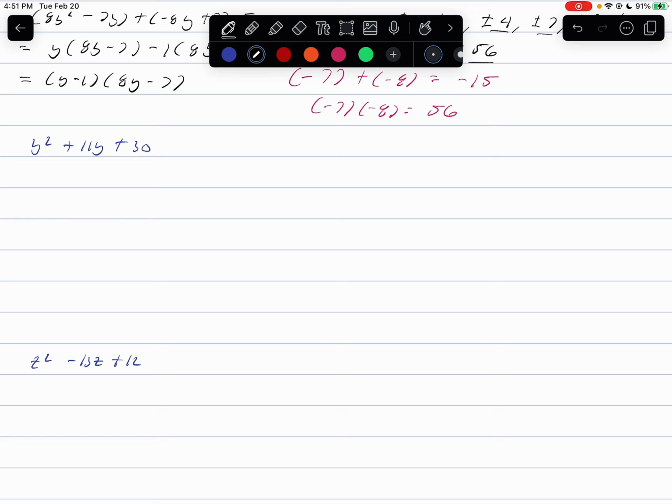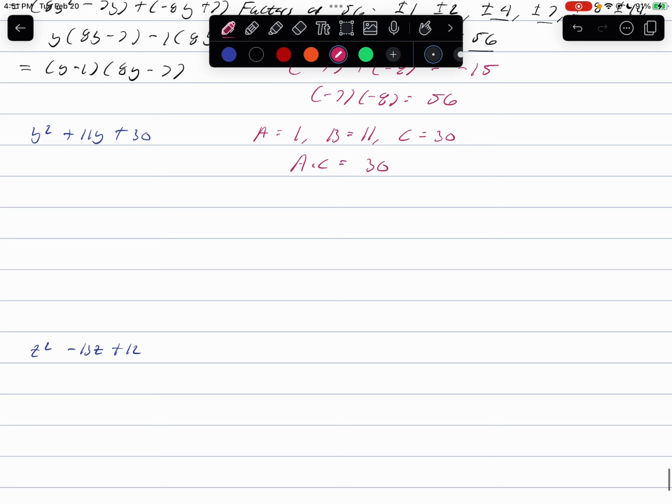Okay, so what we can do is we can take A is equal to 1, B is equal to 11, and C is equal to 30. So A times C gives us 30. Okay. We want two numbers that multiply together to give us 30 and are going to add together to give us 11. Okay.